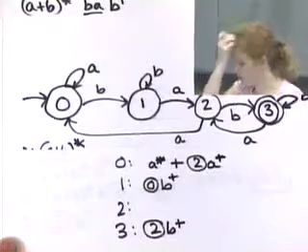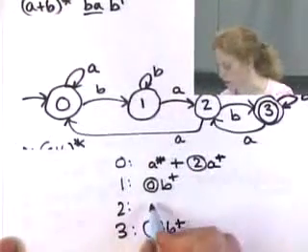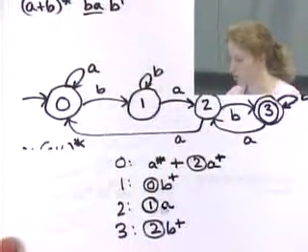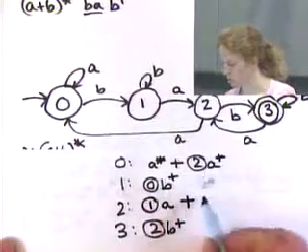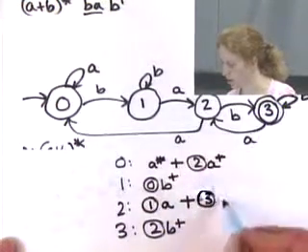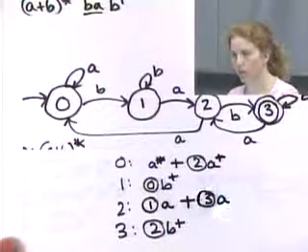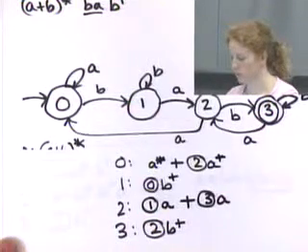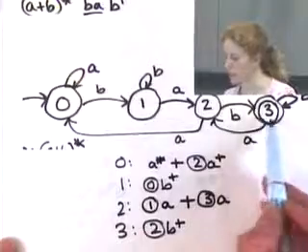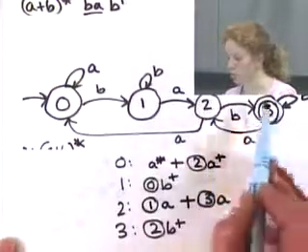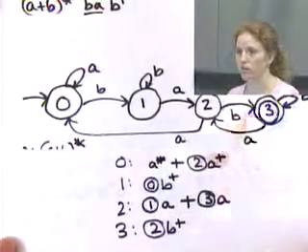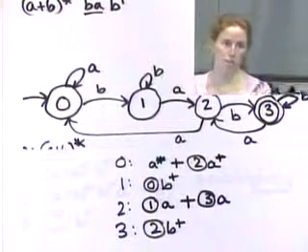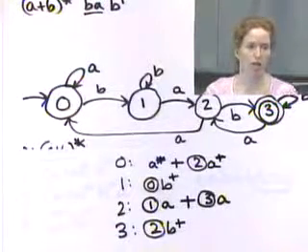Okay, now state 2 can be gotten at from doing state 1 and then getting an A, or we can get to state 3 and get an A. And the only way to get to state 3 was going through 2 and then doing B plus. So this is actually what the strings are for these. And we'd have to go back and verify that 0 actually is A plus B star. And then the rest of these should be correct.